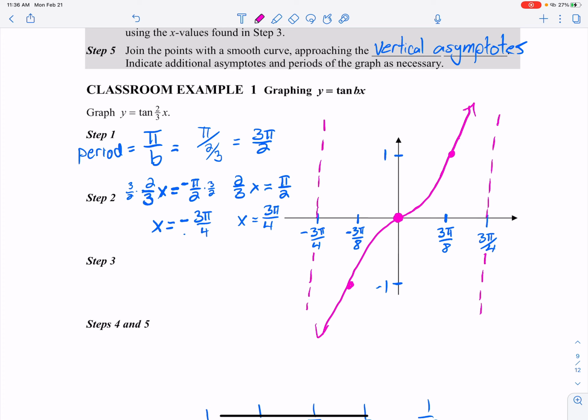Let's talk about what changes values. The period we just did, different. What would change the 1 and negative 1? Like, let's say I wanted a 2 and negative 2. What would I change about my function to get a 2 and negative 2 instead of the 1 and negative 1?